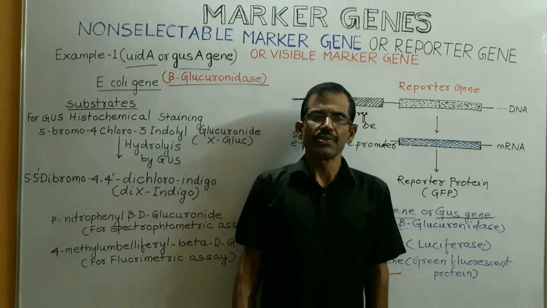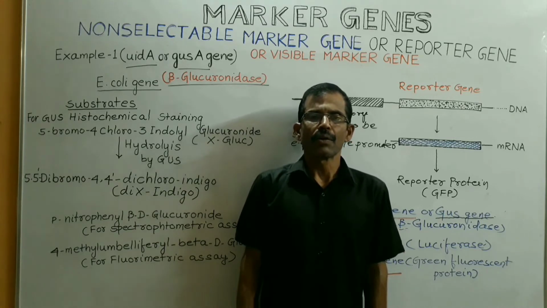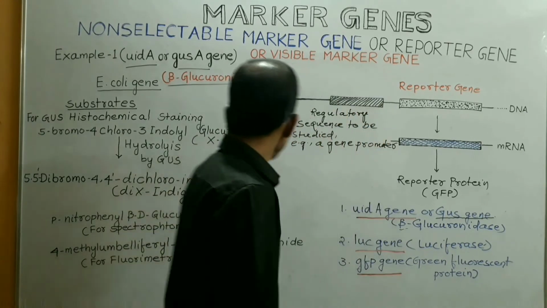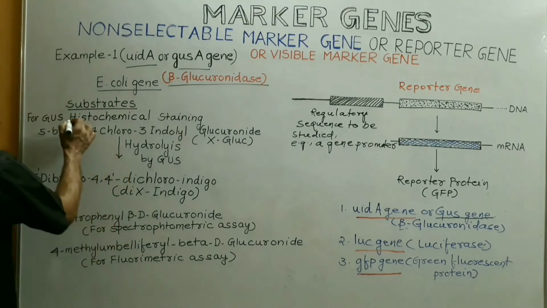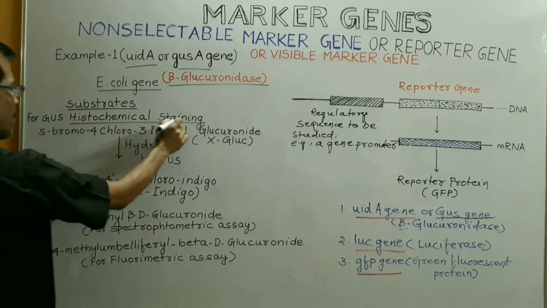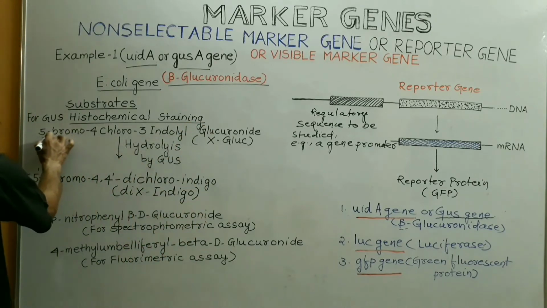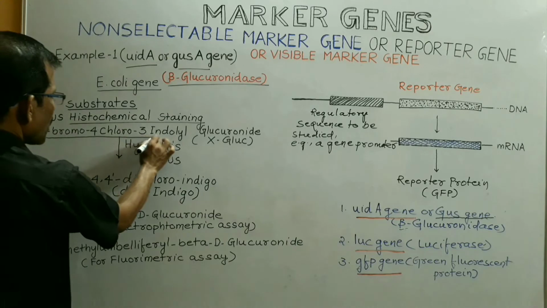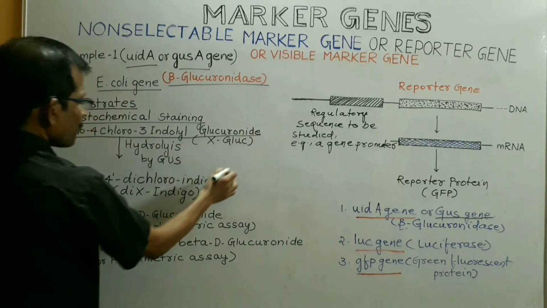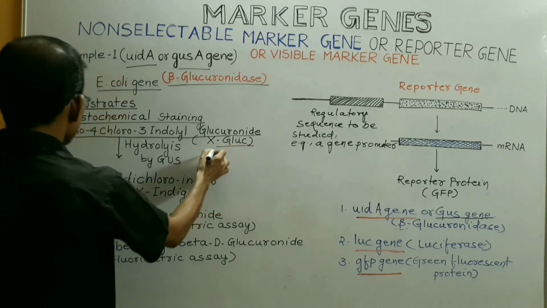Several GUS gene assays are available depending on the substrate that is used. The first assay is histochemical staining. For GUS histochemical staining, the substrate is 5-bromo-4-chloro-3-indolyl glucuronide, abbreviated as X-gluc.